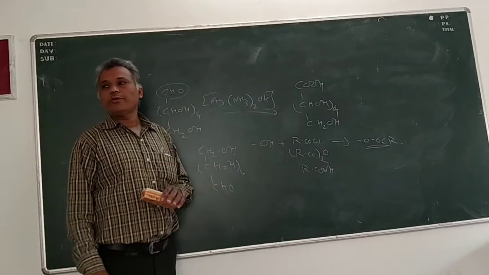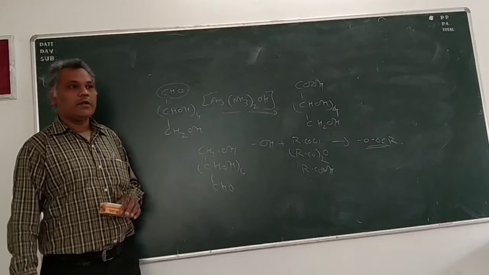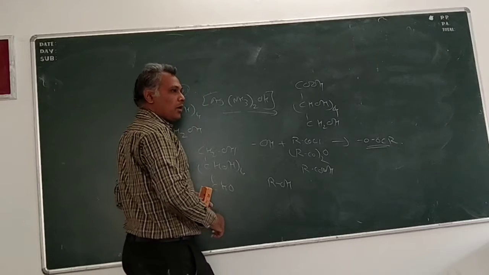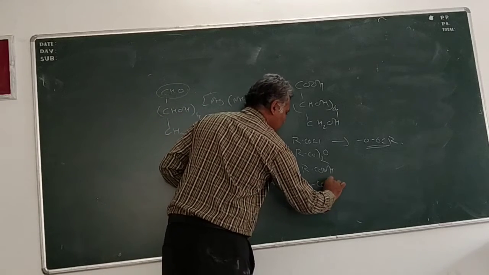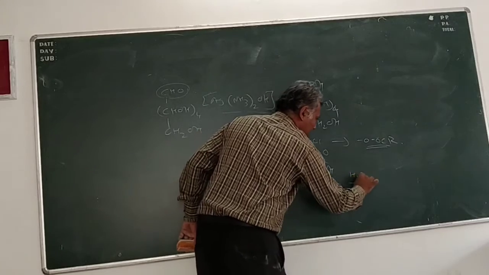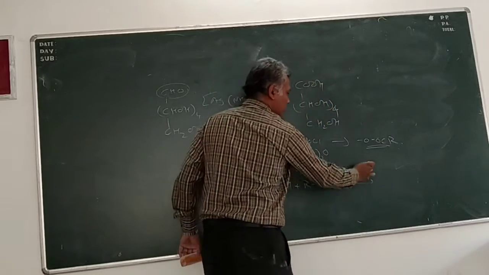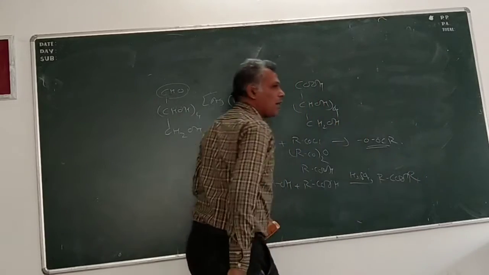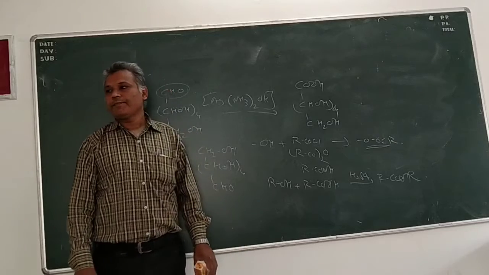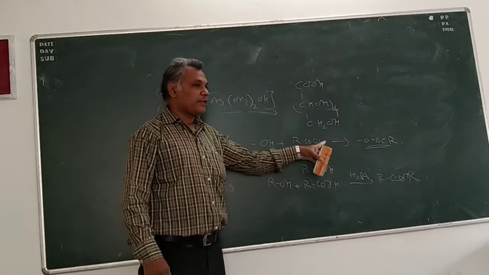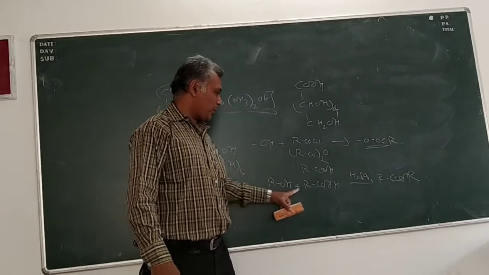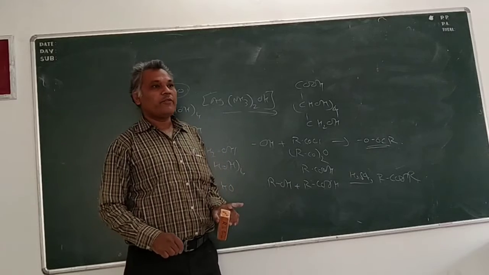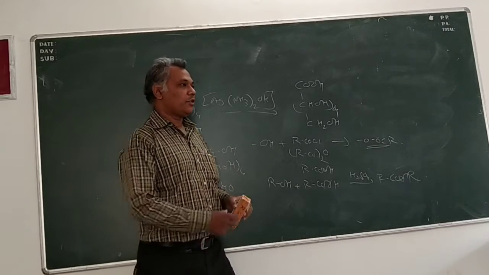If you remember, in chapters number 11 and 12, we wrote it in the chapter on alcohol, the chemical properties of an alcohol. ROH reacts with RCOOH in the presence of H2SO4 and gets converted into RCOOR, an ester. Some of the students were trying to do this today in the lab. So this reaction of an acid plus an alcohol is esterification.